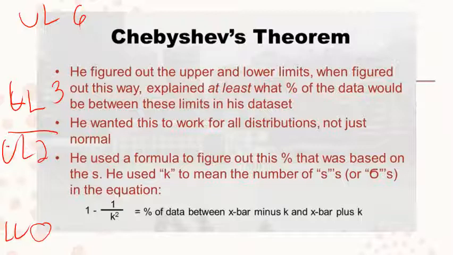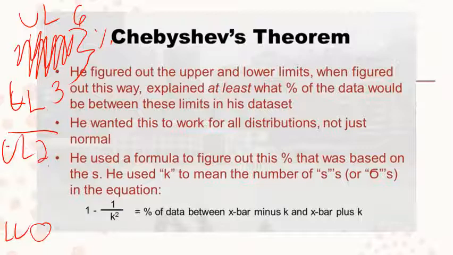Anyway, by using this theorem, we can tell what percentage of the data values in your data set are going to fall in between the upper limit and lower limit of the values. So for each upper limit and lower limit set that you have, this will explain what percentage of the data is falling in between the 6 and the 3, or in between the 2 and 0. Like what percentage of your data is in between these values.